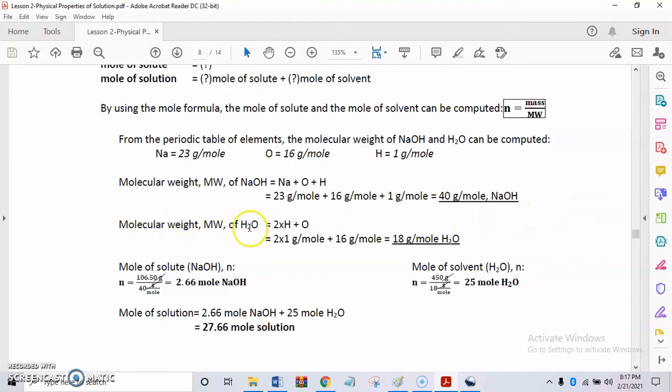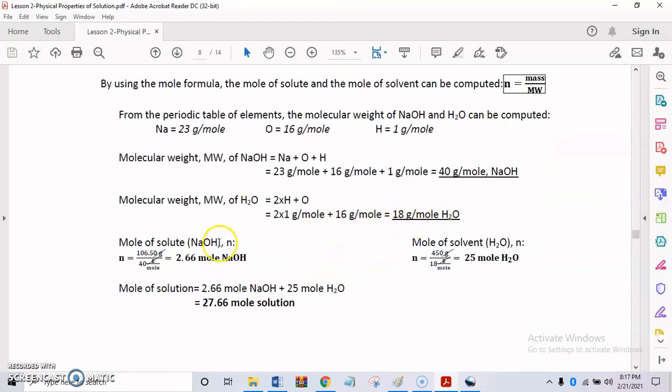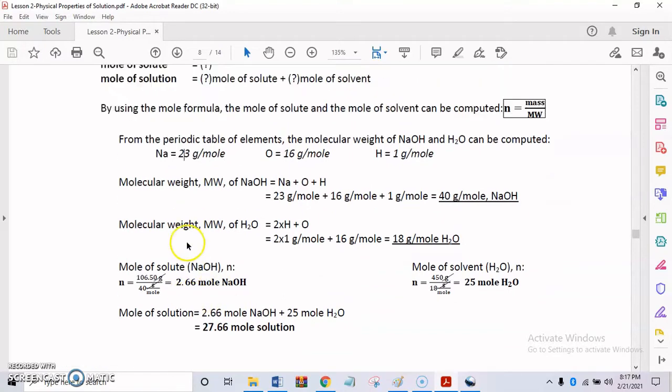Then, yung molecular weight ng ating water. Sa ating water, meron tayong dalawang hydrogen and oxygen. So, 2 times the 1 gram per mole plus yung 16 gram per mole ng oxygen equals 18 grams per mole water.